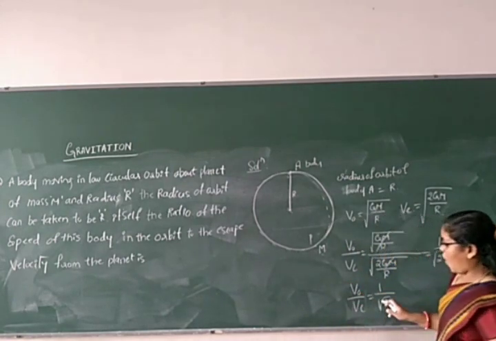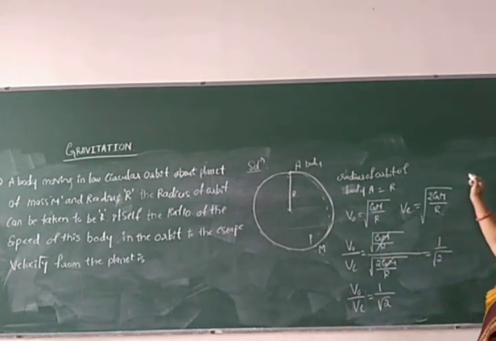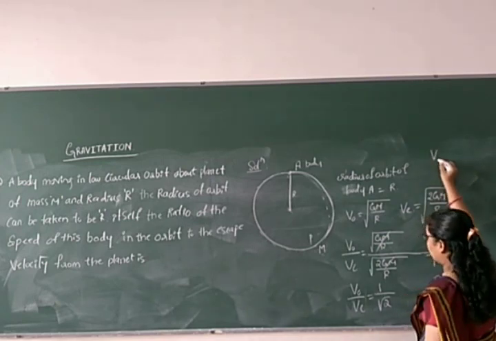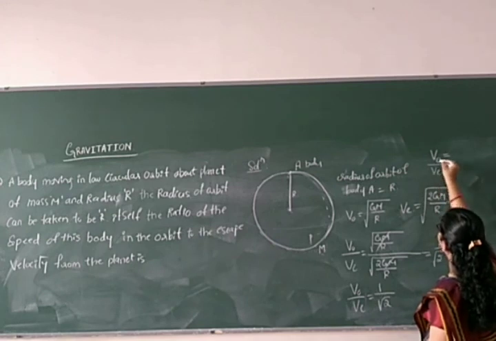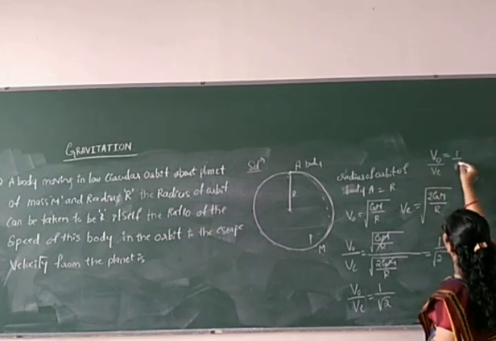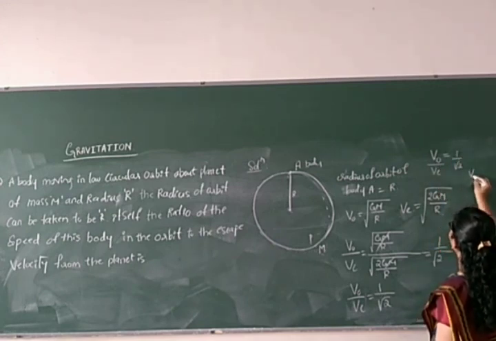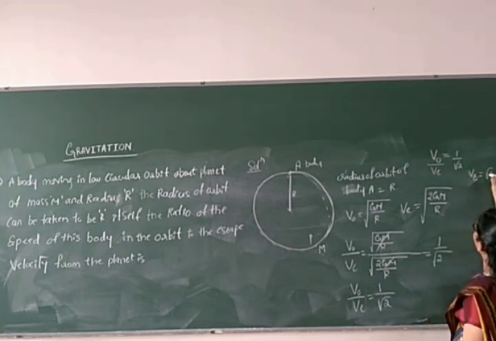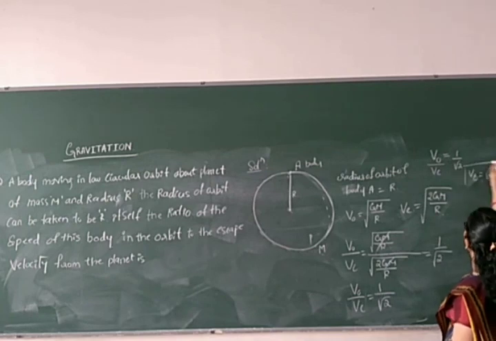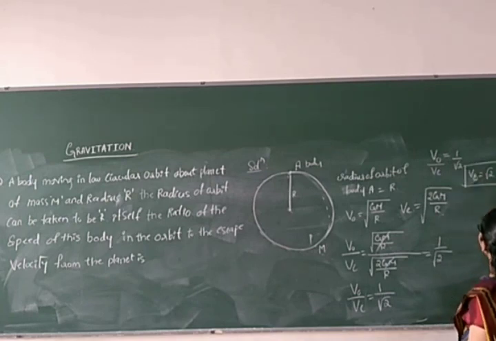We have already discussed this. So v naught by v e is equal to 1 by root 2, which means the escape speed is root 2 times the orbital velocity. This you have to remember.